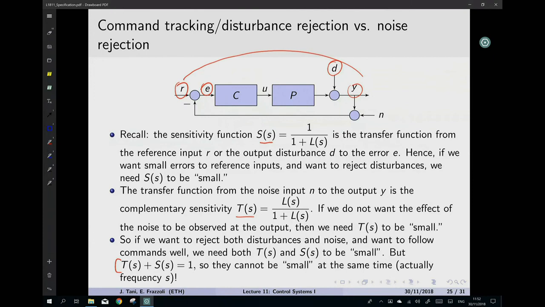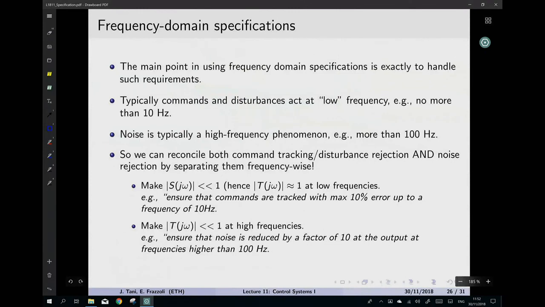So this is a conundrum, it's a problem, it's arguably the biggest problem around, and it's solved by simply separating the problems in different frequency ranges. That is, observing that disturbances and noises are acting upon different frequency ranges.